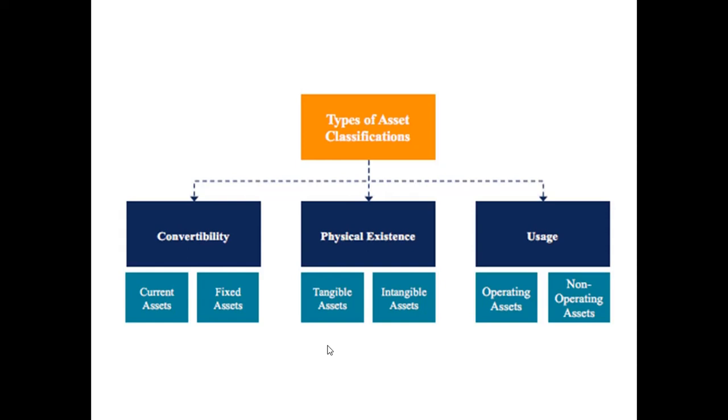Whenever you prepare accounts, their value will be recorded: rupees 1 lakh, rupees 5 lakh. Patents, trademarks, goodwill. So you can write in the books of accounts, but in the physical world, physically they don't exist. You cannot see, you cannot touch the goodwill.